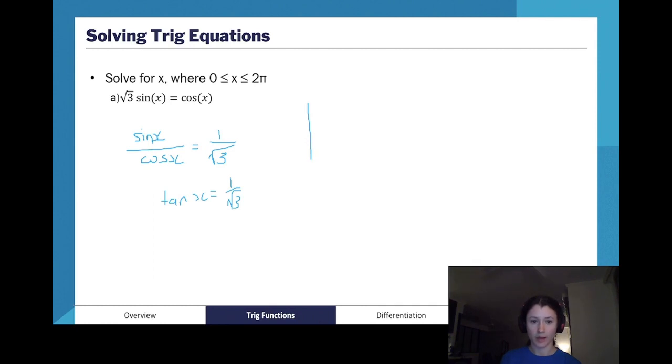Let's draw our special triangle. Other way around, sorry. So we're going to have pi on 6 here and pi on 3 here.